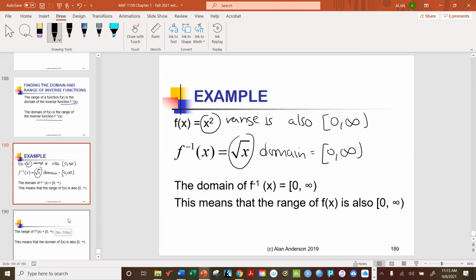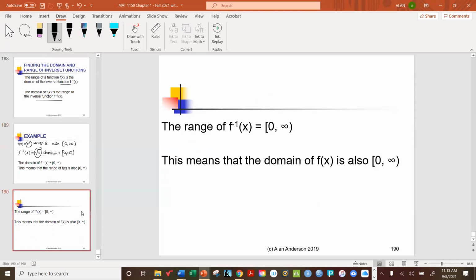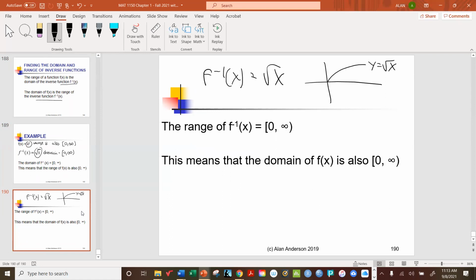And then we can also claim the range of this inverse, meaning what can come out of this function, because f inverse of x is radical x. If you look at this function on the graph, remember what the range means. That's all the y values that it can assume. This would be its range. In other words, it can't be negative, and so we end up with a range of 0 to infinity, and therefore the original function's domain is also 0 to infinity.